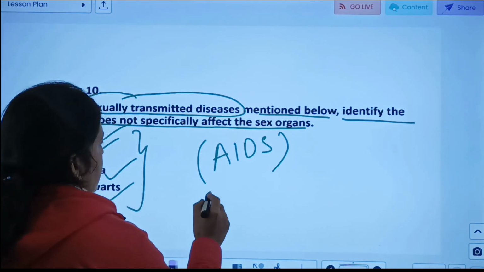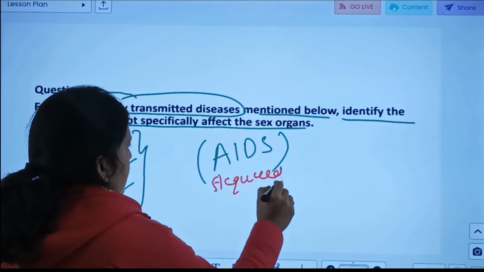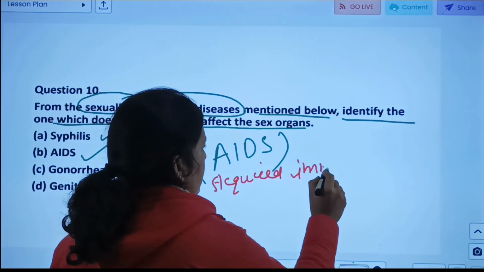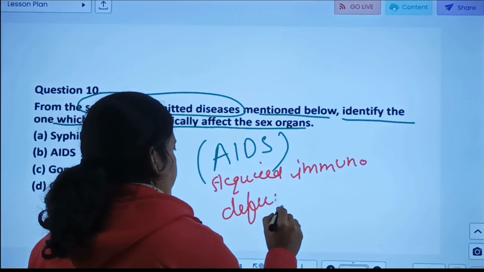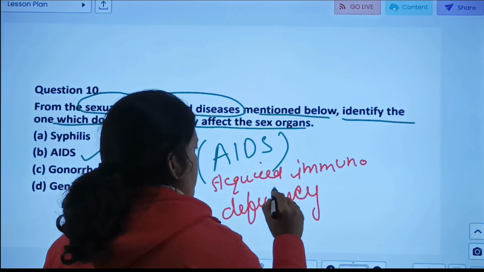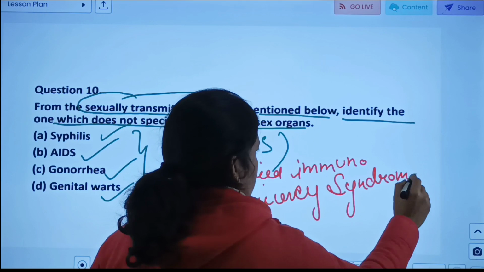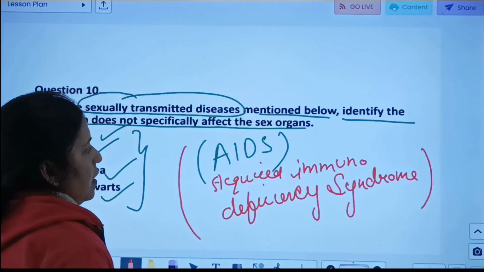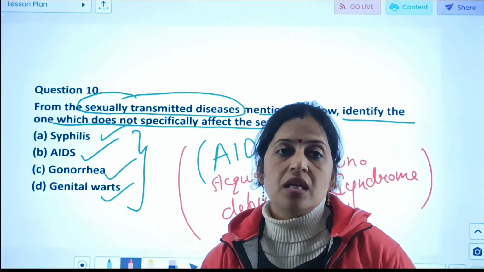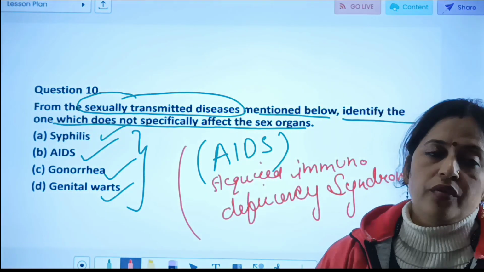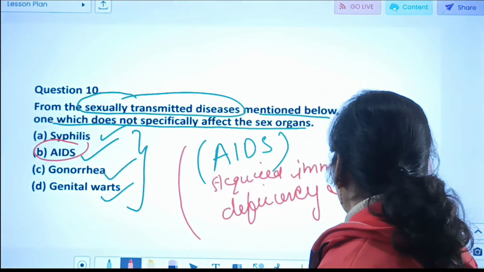That is acquired immunodeficiency syndrome. It is the only sexually transmitted disease which does not have any effect on the sex organ. So this is the right answer for question number 10.